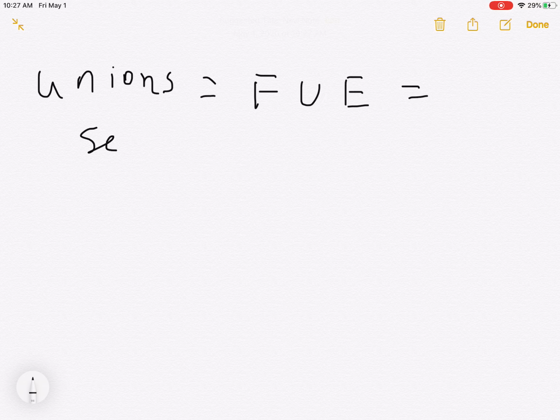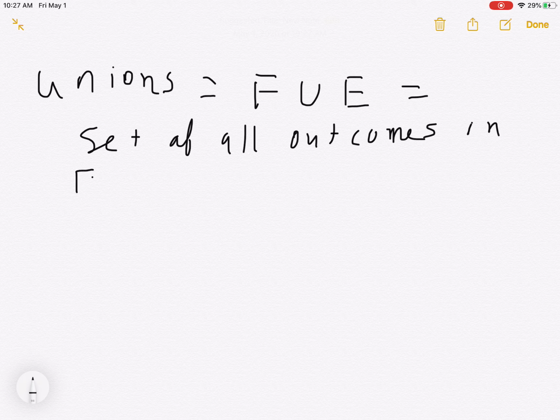Okay, now in addition to intersections, there are unions. And this would be written as F union E. And that's the set of all outcomes in E or F. If I had to write this out, it's going to look like this.